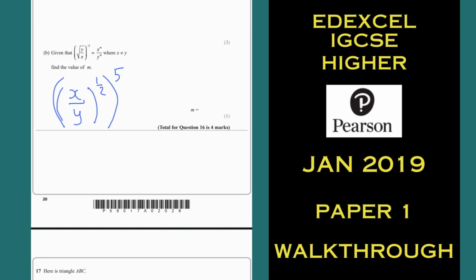Now that might look a bit more confusing, but it is just explaining what's going on. It is, at the end of the day, only worth a mark. But now you've got it in the form they wanted, x over y, and now you've also got a power to a power. And that means you multiply the powers, 5 over 2 or 2.5 for just that 1 mark.